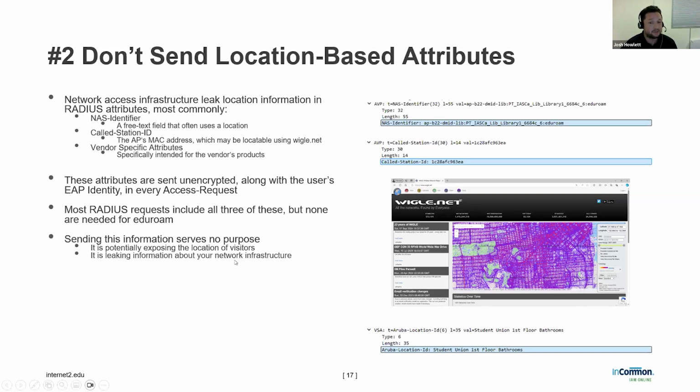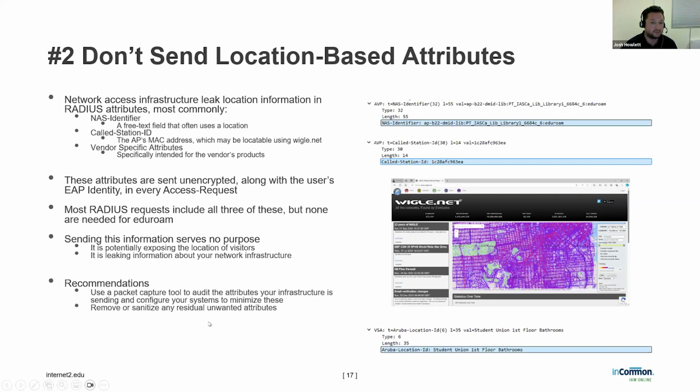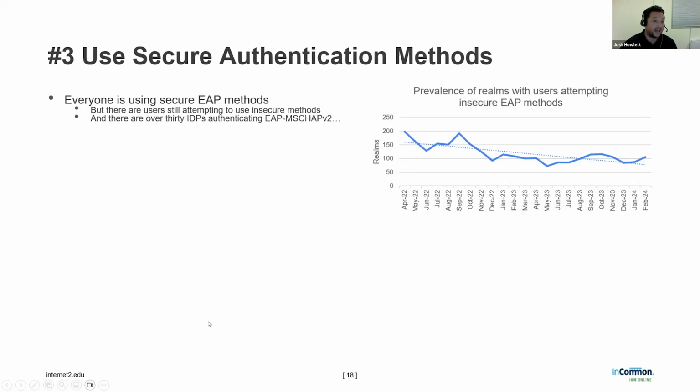And it's also leaking information about your network infrastructure, information that you may not want other people to know. So a few recommendations: use a packet capture tool to audit what your devices are sending. Remove or sanitize any residual unwanted attributes. And then in that way, you can minimize the information that's leaving the campus.